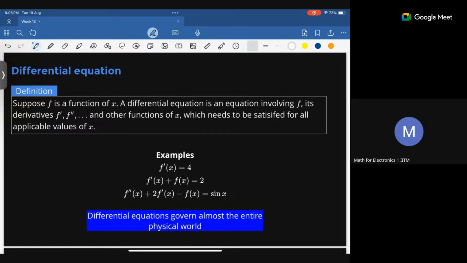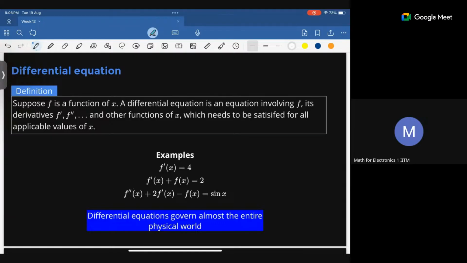And since it is an equation, it should be satisfied with some applicable values of x, right? Once we have an equation, we'll solve the equation, which we have seen right from the beginning. When you have a quadratic equation, we try to solve that quadratic equation for x. If it is a polynomial equation or any other equation, we will try to solve it for a certain value. Here, for a differential equation also, we will try to solve the equation to find the function f.